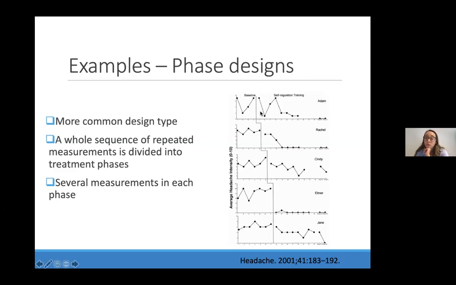When I changed to phase B or drug B, I did not have enough washout period. So patients starting phase B already start with lower pain than patients starting phase A, because the drug that they were on in phase A already reduced their pain. So instead of starting with pain of 8, they now start with pain of 4. And they start drug B, but they are still at 4, 4, 4, 4, 4.